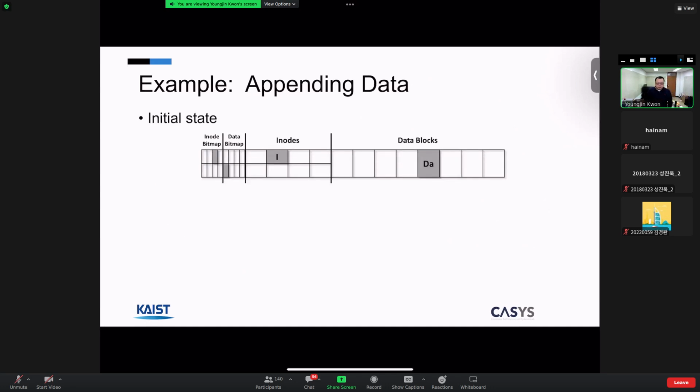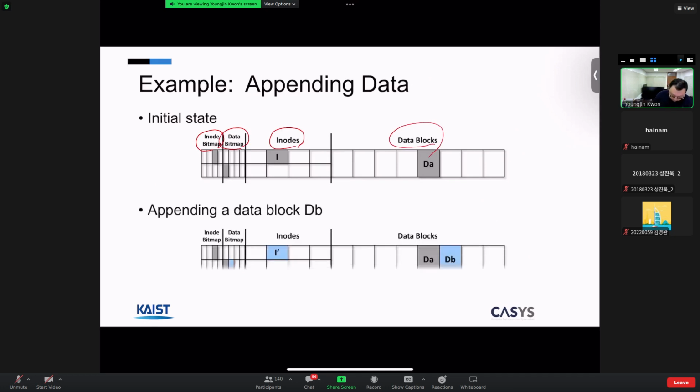Let's say this is the on-disk state. There are three structures I'm talking about: inode bitmap, data bitmap, inode, and data blocks. This is the initial state. When you are appending a new block, in memory, in DRAM, the new data block, inode prime, and data bitmap are updated.